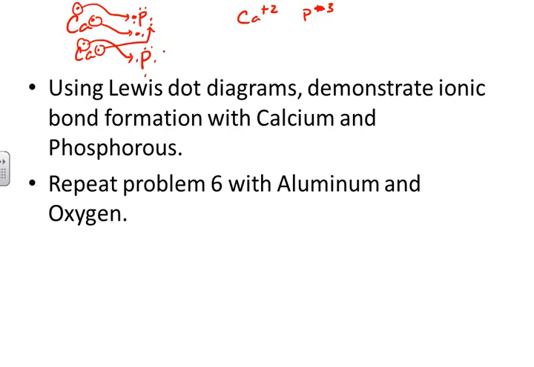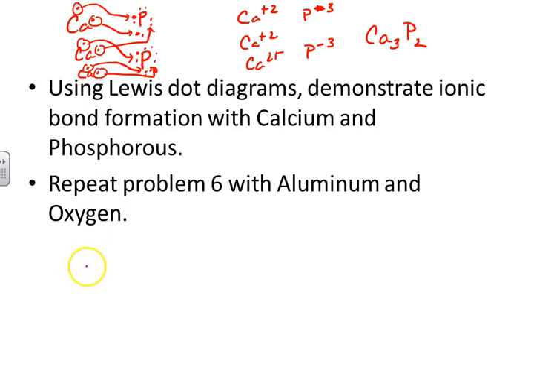We transfer one of the electrons, that gives us another calcium with a plus 2, and we're going to have to bring in another calcium to supply the extra electrons. 2 more electrons are needed. 1 more calcium can supply both of those electrons. So we end up with another calcium and another phosphorus with a ratio of 3 calcium to every 2 phosphorus.